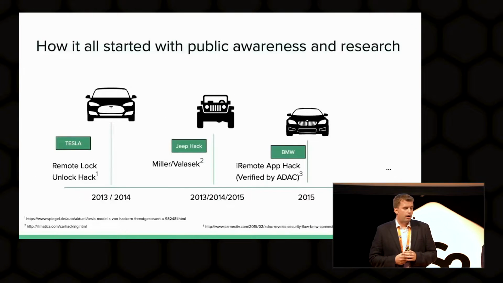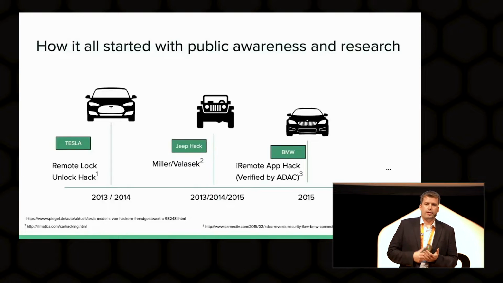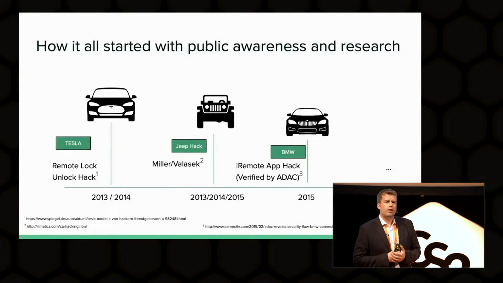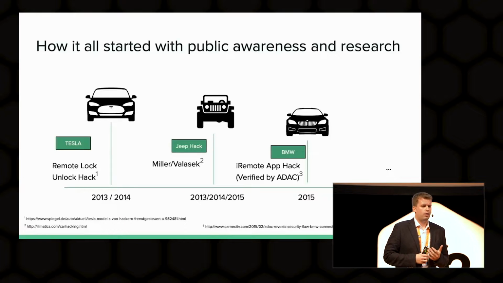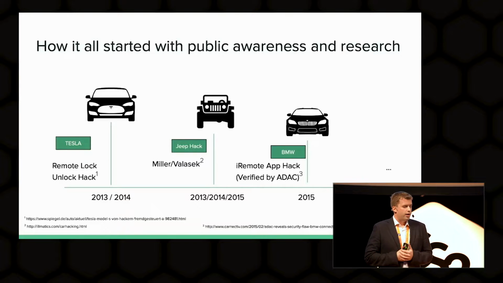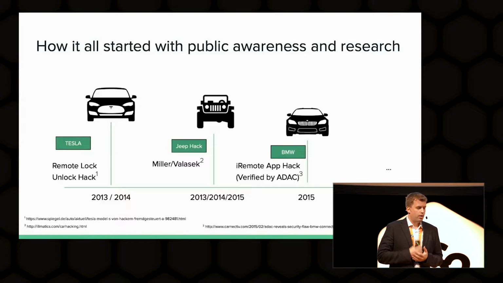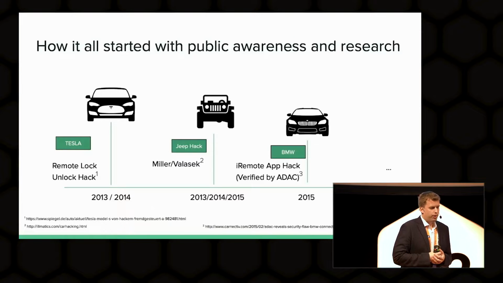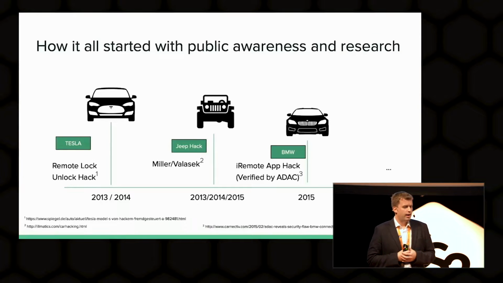At first, how it all started with public awareness, because automotive security wasn't a huge thing in the past, but it all started really 2013 and 14 with the publication of a Tesla hack. And also Miller and Valasek published a lot about the Jeep hack. I'm pretty sure some of you saw that at the Black Hat conference.